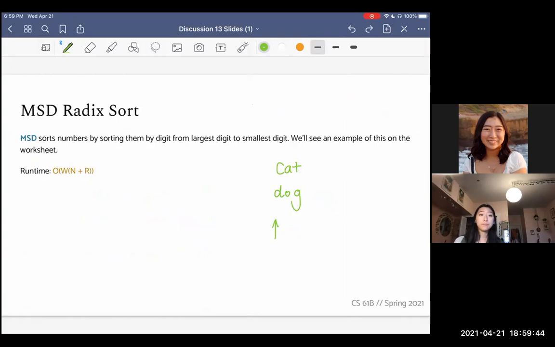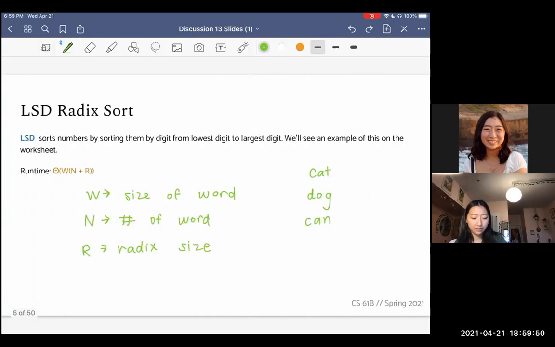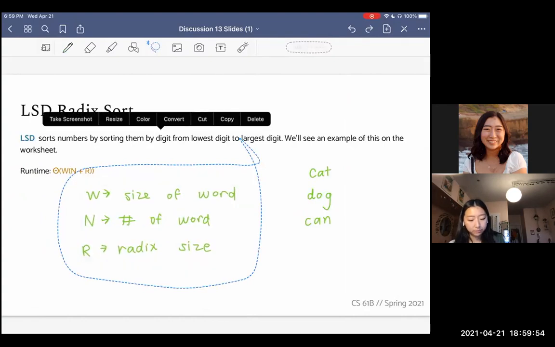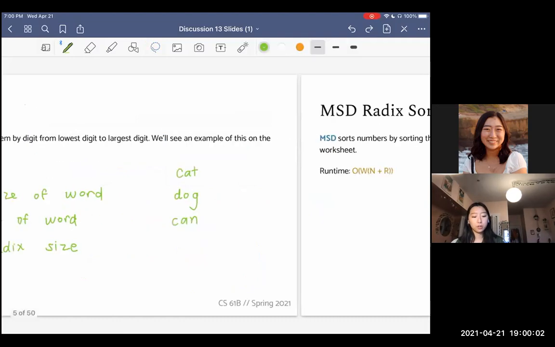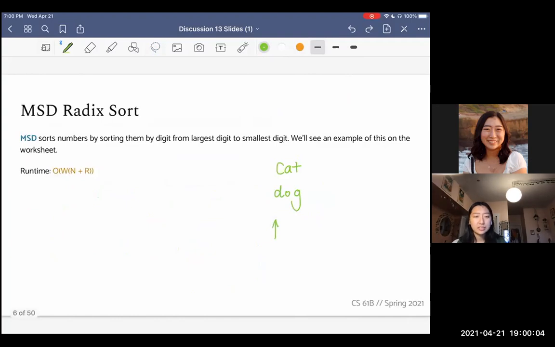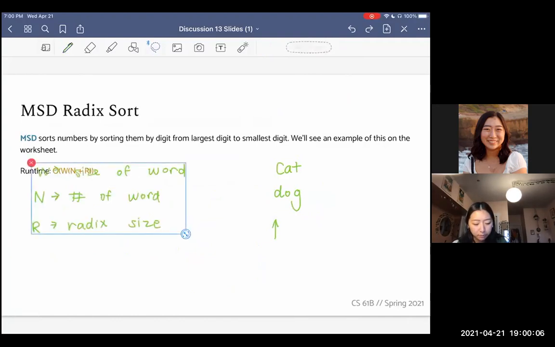And so here the runtime is big O of W times (N plus R), where again, we have the same definitions of W, N, and R as in LSD radix sort. And you might notice that the runtime of LSD radix sort we say is theta of W times (N plus R), whereas for MSD, that's actually a big O bound.